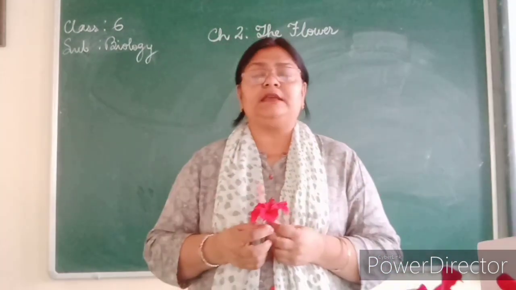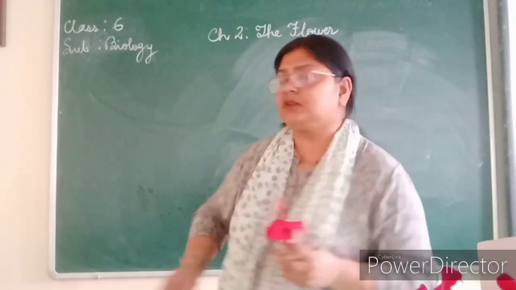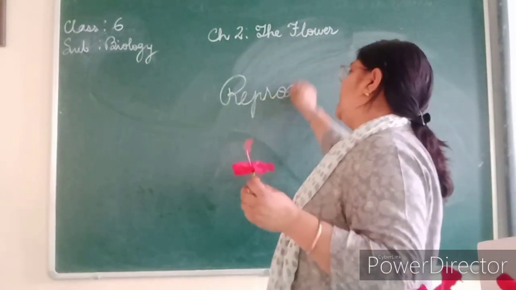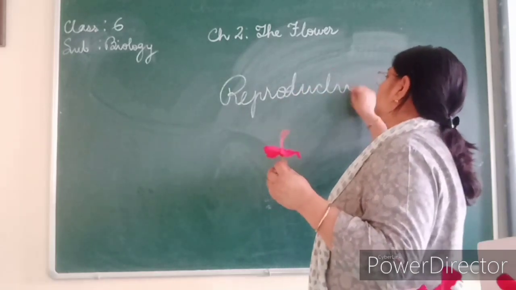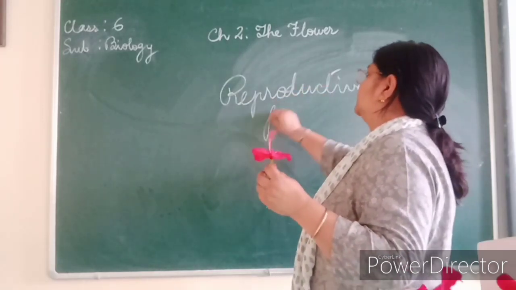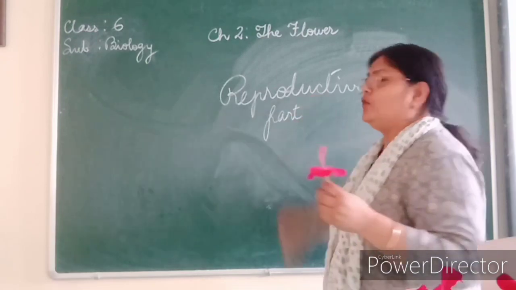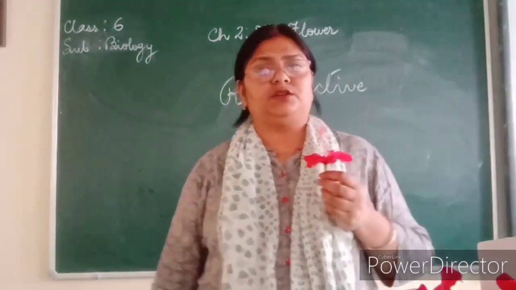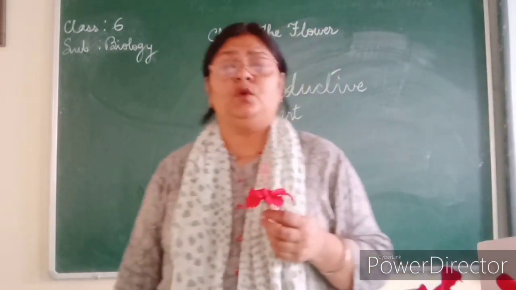Now the flower is actually the reproductive part of the plant. So out of all the parts, the flower is the reproductive part of the plant. Why do I say so?